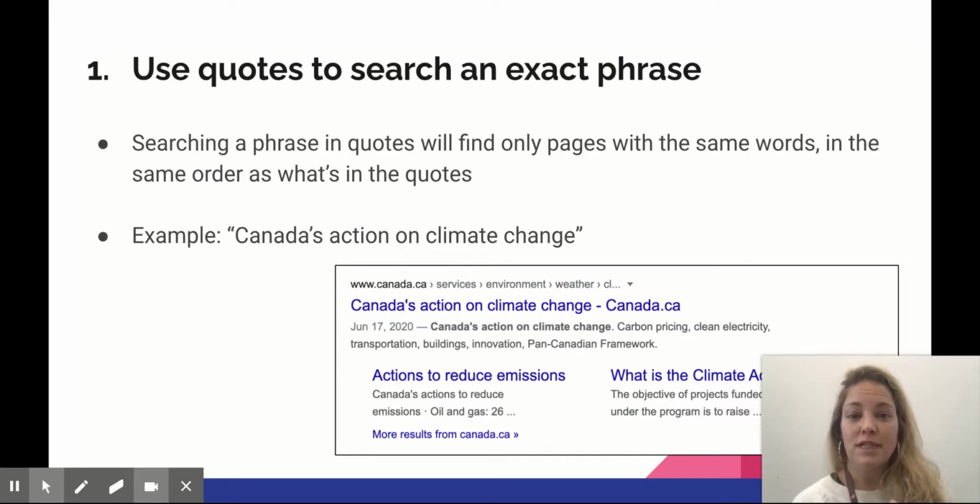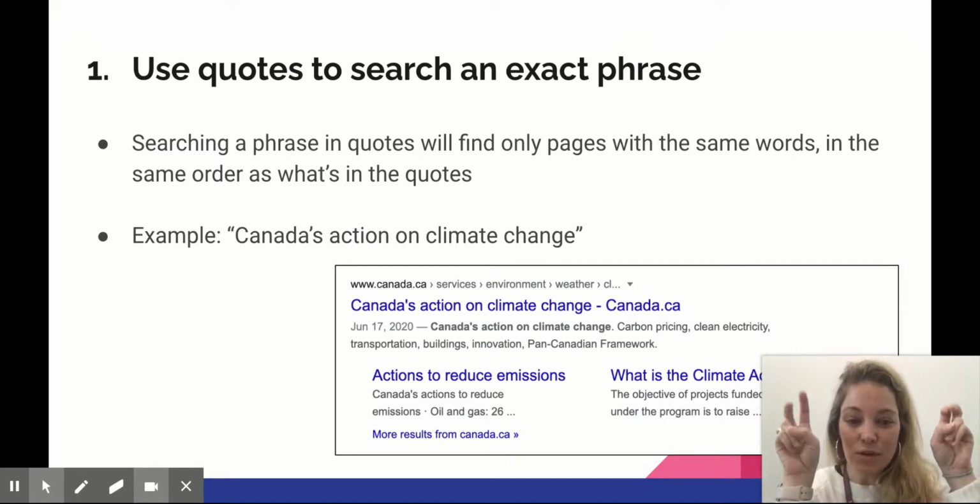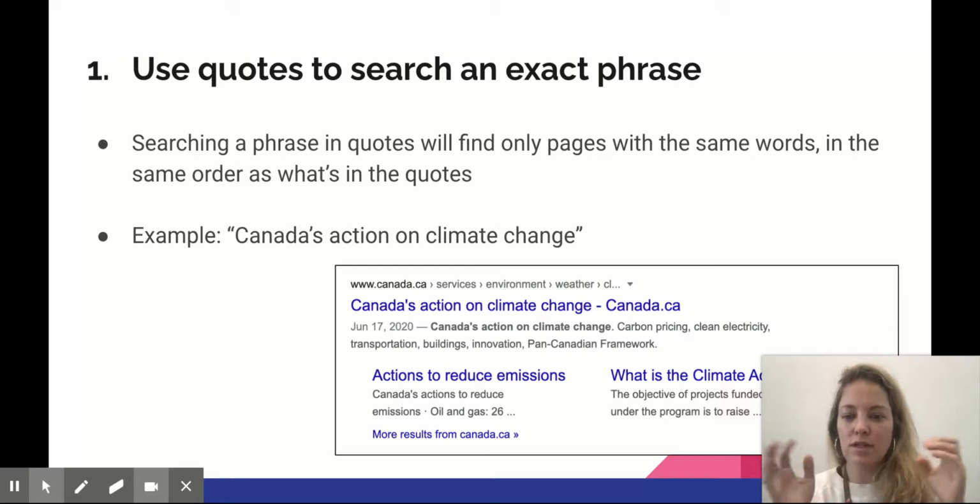Okay, so the first tip that I have for you is to use quotations or quotes when you search for an exact phrase. If you put those words together inside the quotations, it's going to glue that statement together and search for it as a set term. For example, I was looking for a specific article called Canada's Action on Climate Change, and I searched for that inside those quotations.